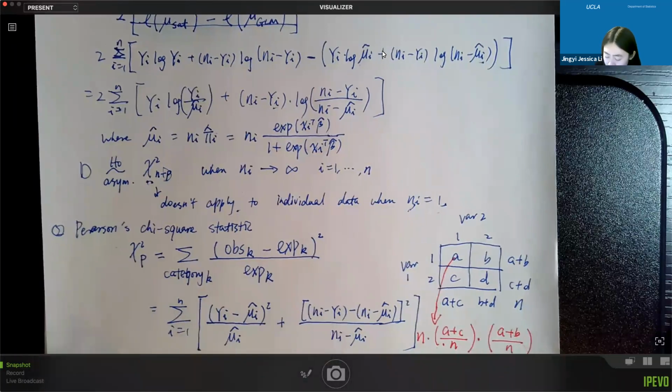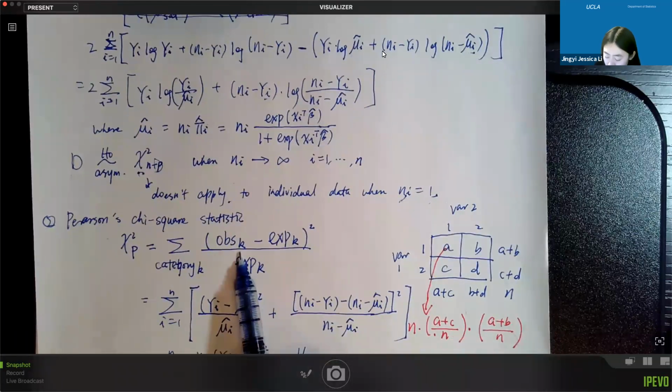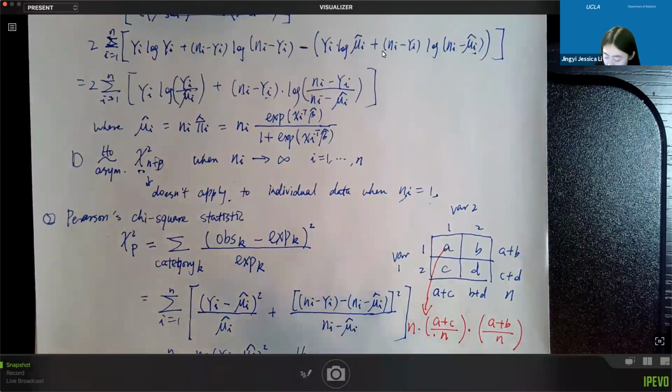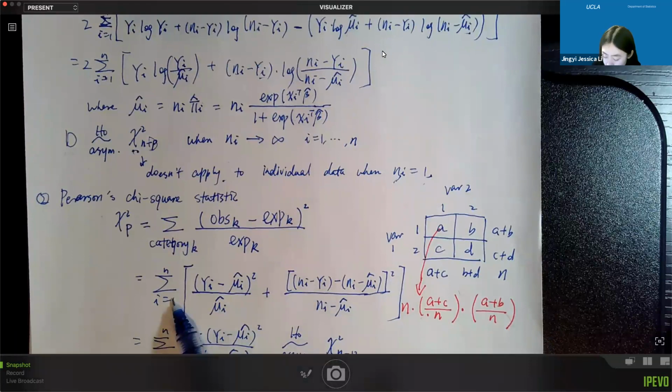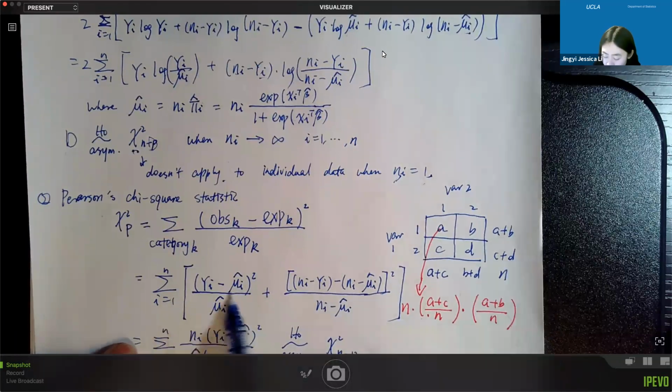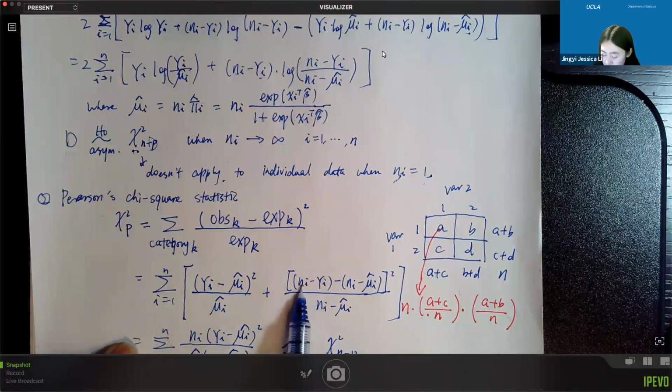If we apply the Pearson's chi-square statistic to our grouped logistic regression case, this is what we get. A very interesting thing is that we're taking a summation over our groups, but within each group i, we have two sub cases. One is the number of observations equal to 1, the other is the number of observations equal to 0, which is Ni minus Yi.